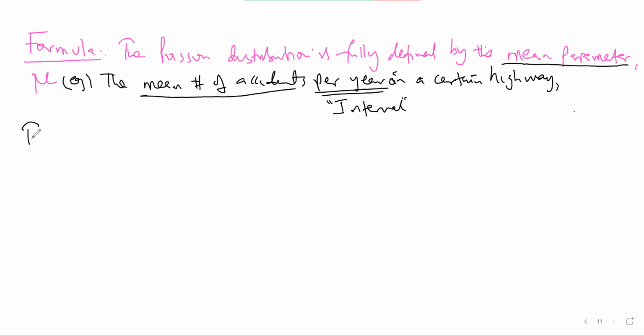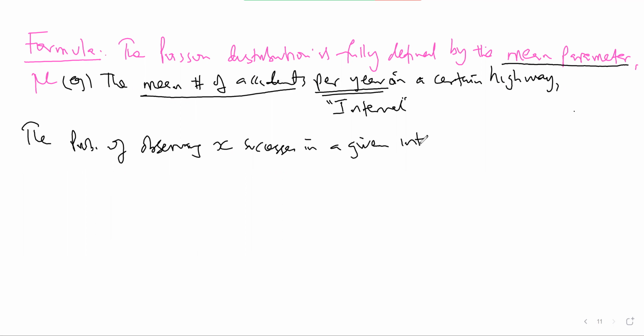The probability of observing x successes, this is small letter x. Let's say the probability of observing 20 accidents in a year in a given interval is given by this formula.